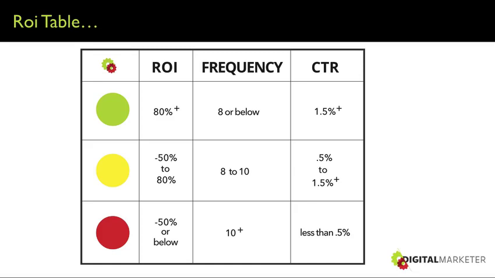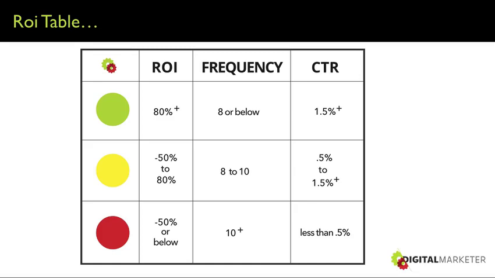For the frequency, and you'll find that in your ads manager on each ad set and each ad, you'll see the frequency. That's the number of times that the average person has seen your ad. It's very important for you to keep an eye on this, guys. If it's 8 or below, you're good to go. If it's 8 to 10, be very wary because you're reaching the point.